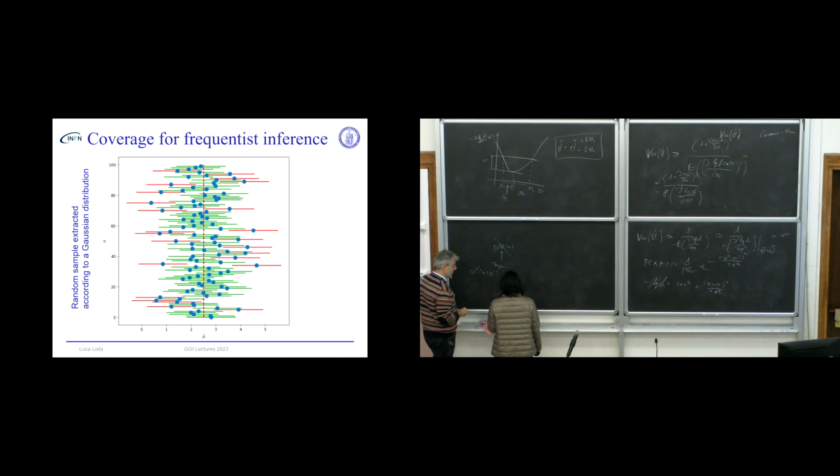Maybe the notation is not correct here. This is not the maximum value of the likelihood. This is the value of theta which maximizes the likelihood function.